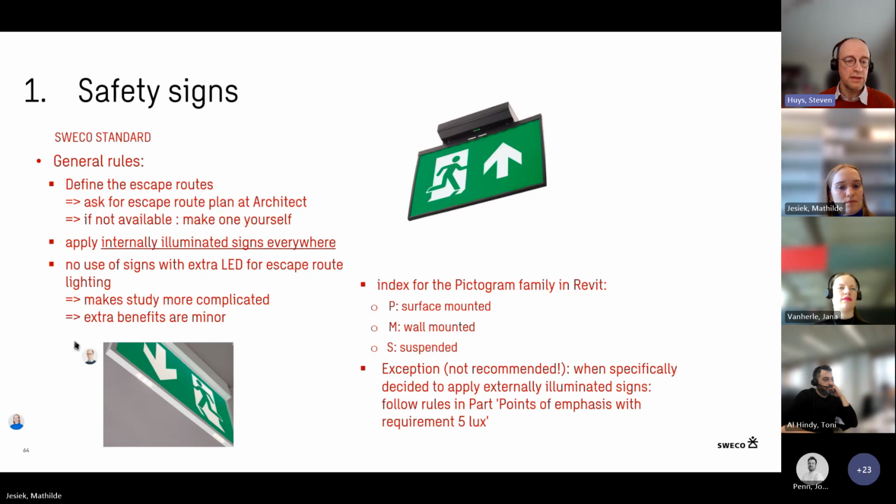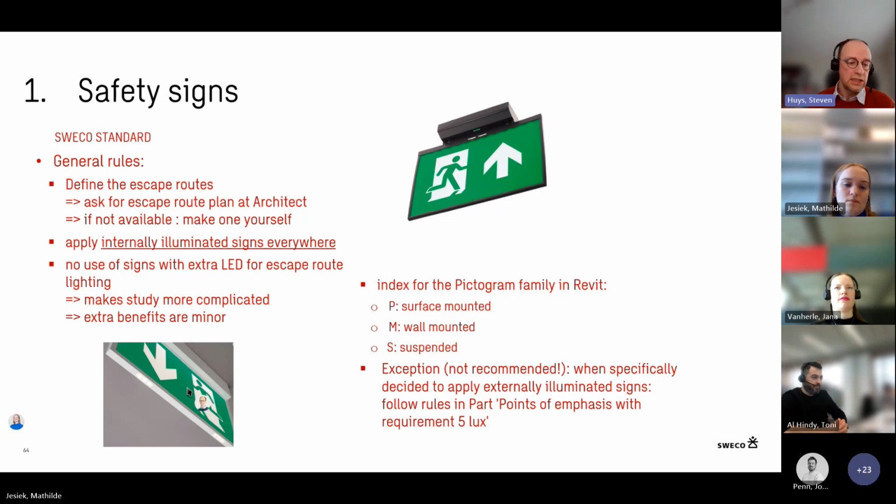So no use of the signs with extra LED. You still have on the market safety signs with extra LEDs on the bottom of the fixture, which also helps on the one lux level on the escape route. You could use them, but I would not recommend it, because then again you have a mix between the two, and then you have again the question of the interdistance with other escape route fixtures or anti-panic fixtures.